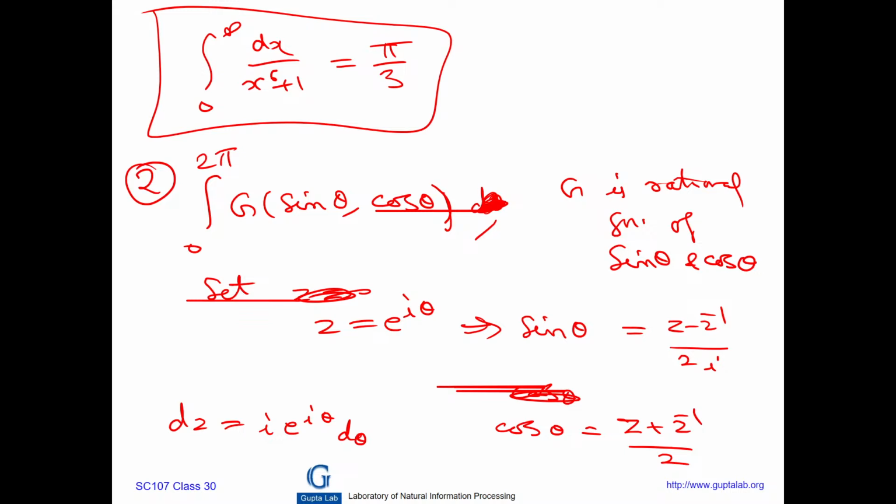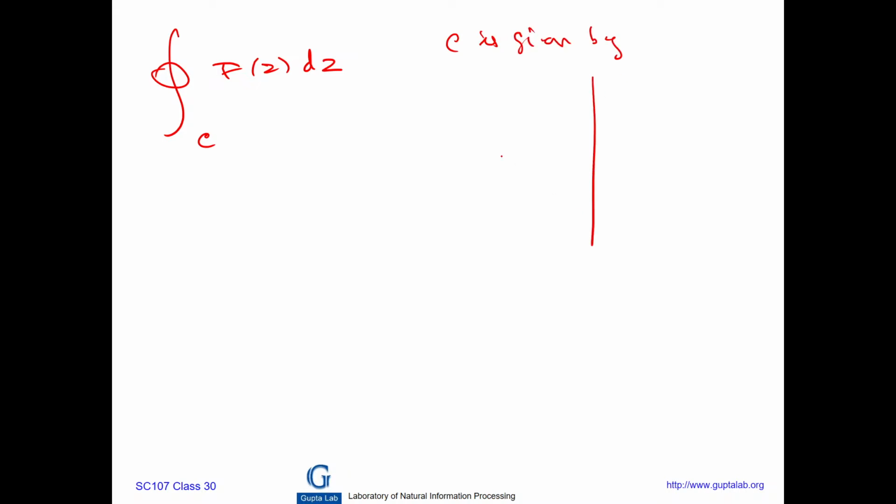So here actually what we do, we compute the integration along C of f of z dz, where C is given by this kind of circular region. Okay, C is a circle of radius 1, with x axis and y axis. Okay, this is our C.